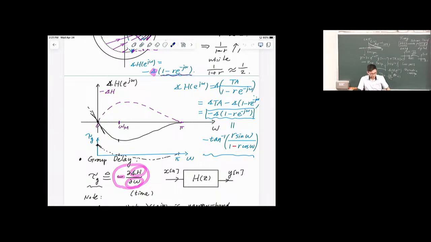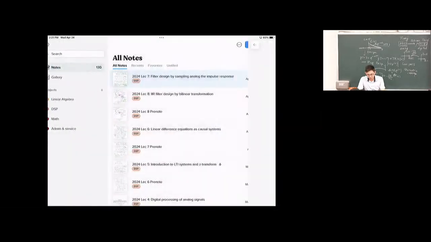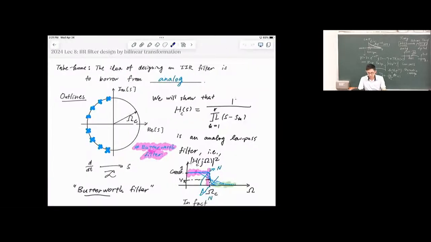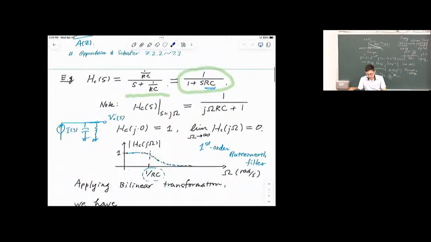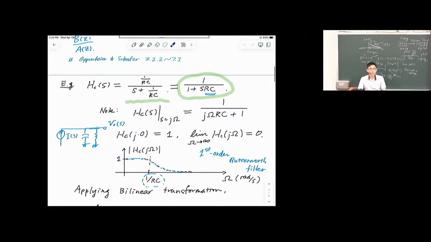But otherwise, we have introduced the bilinear transformation, and now we are about to use it on our previous prototype system. So analog is a prototype.